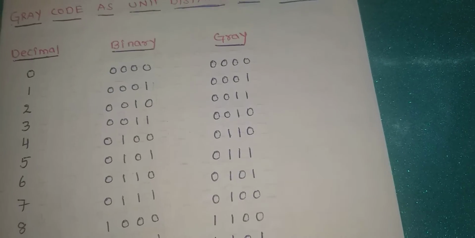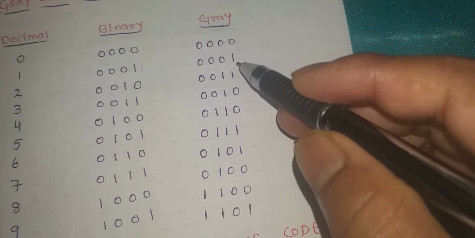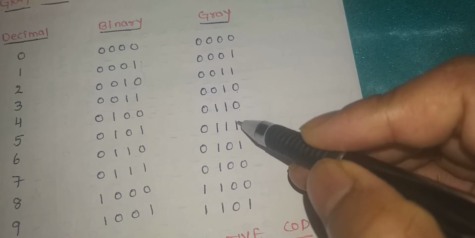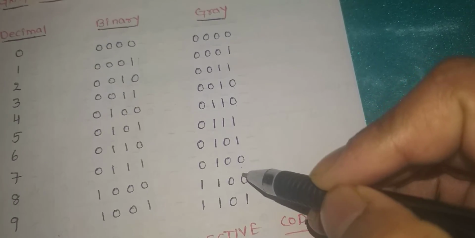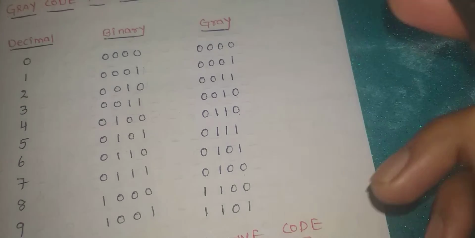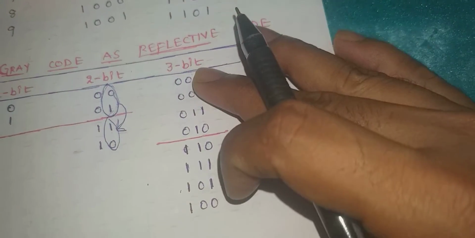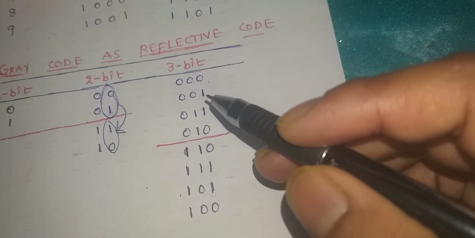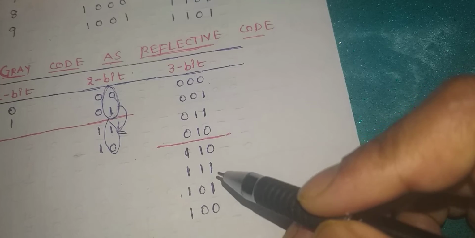You can cross check: for 0 it is 0, for 1 it is 1, for 2 it is 3, for 3 it is 2, for 4 it is 6, for 5 it is 7, for 6 it is 5, for 7 it is 4, for 8 it is 12, for 9 it is 13. That's why I have taken the 3-bit gray code: 0 1 3 2 6 7 5 4.